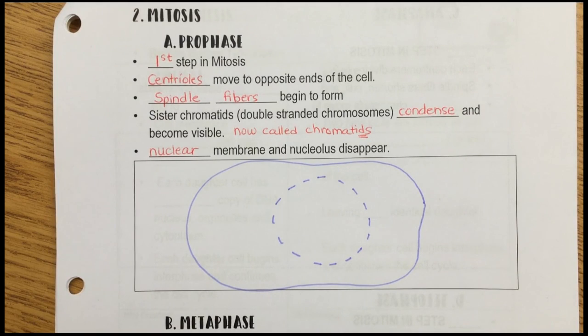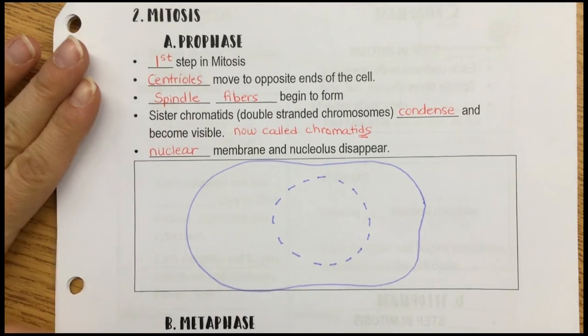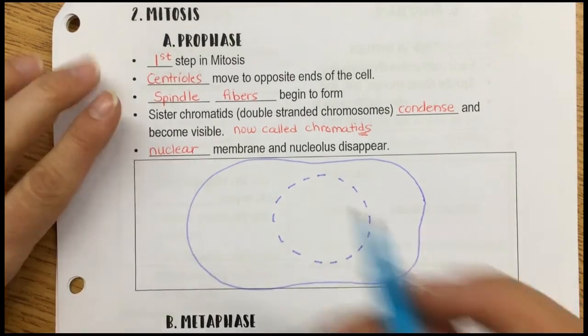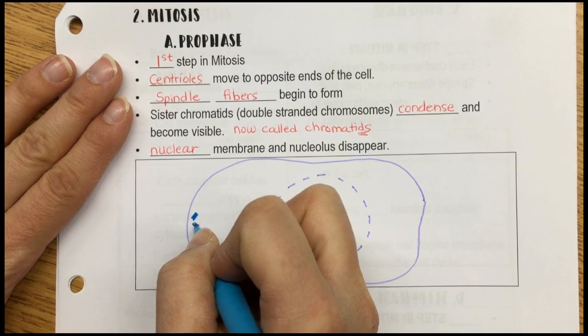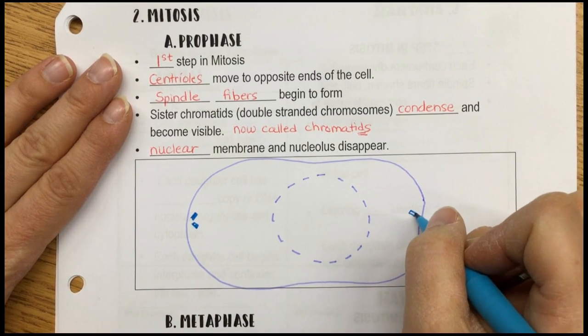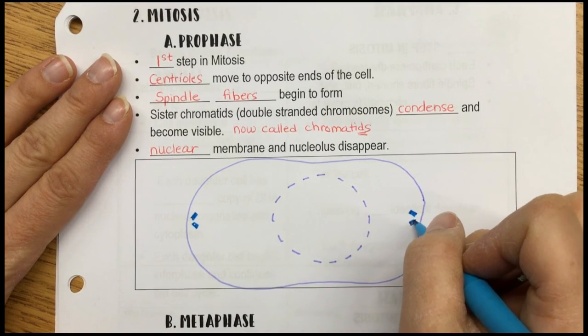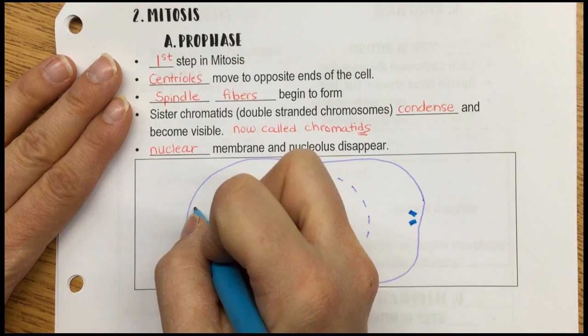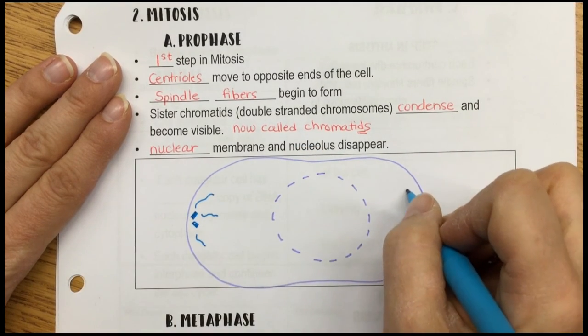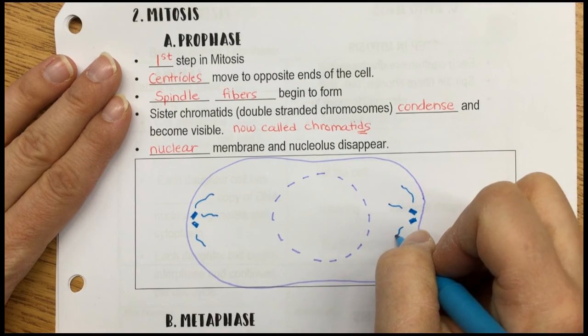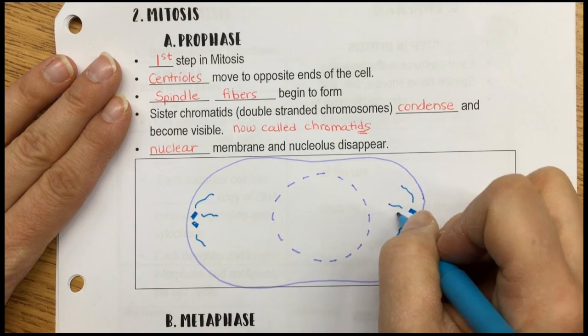Now I'm going to have my centrioles go to opposite ends of the cell, so I'll have one set here and one set here. Now the spindle fibers are starting to grow, kind of like octopus arms coming out.